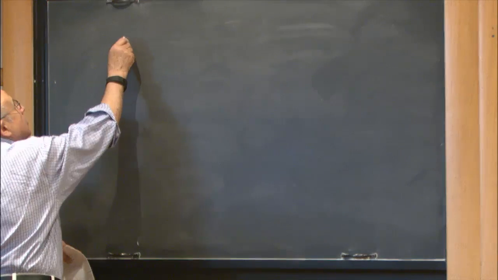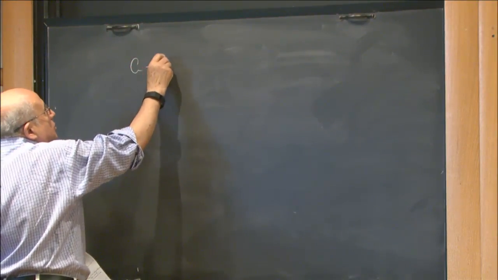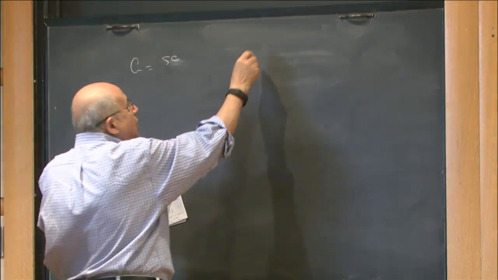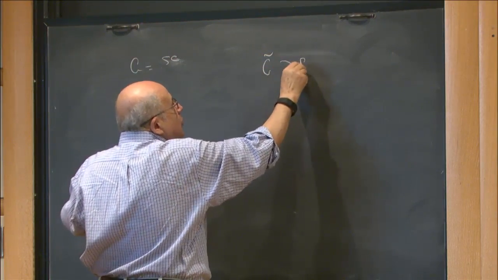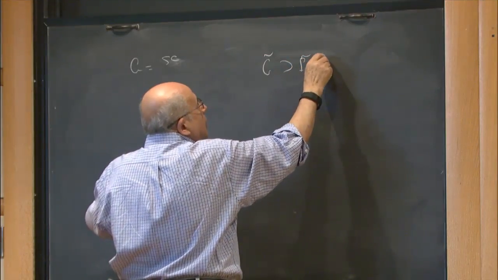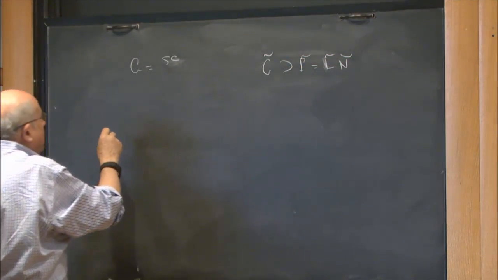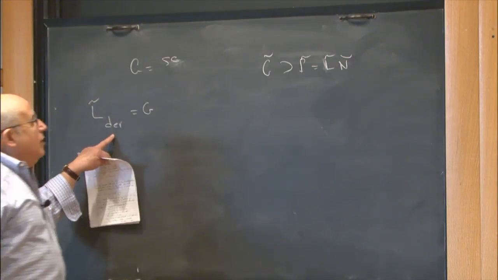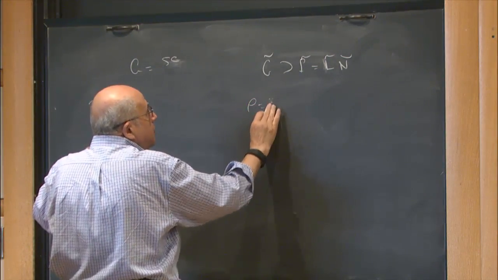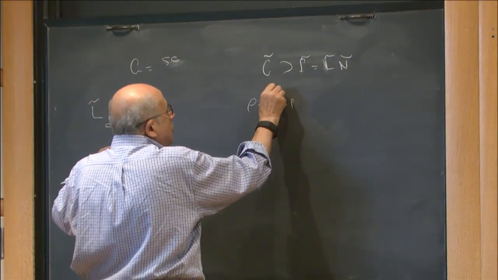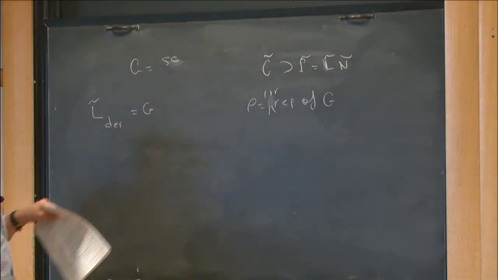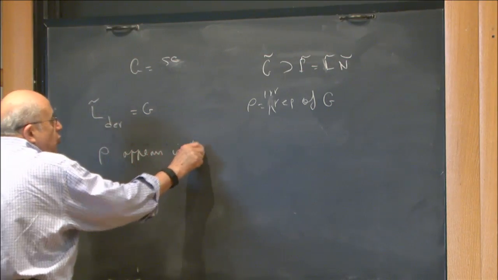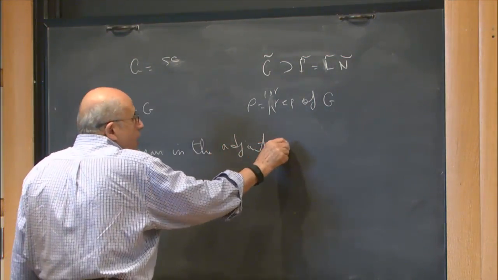If you have a simply connected semi-simple Lie group G, you can always find the Kac-Moody group G tilde with a Levi subgroup P tilde, which is L tilde, N tilde, so that the derived group of L is equal to this G. And it can be chosen in such a way that if I fix a rho, an irreducible representation of this G, then this representation rho appears in the adjoint action of L.